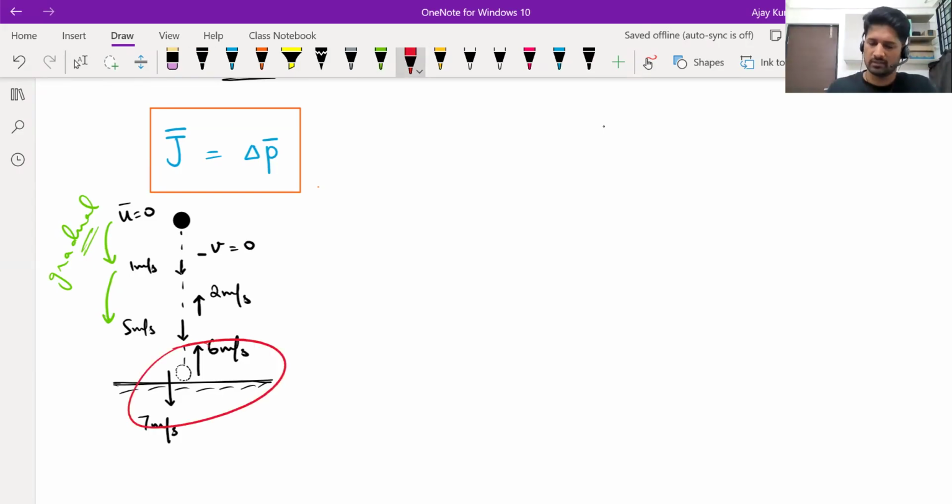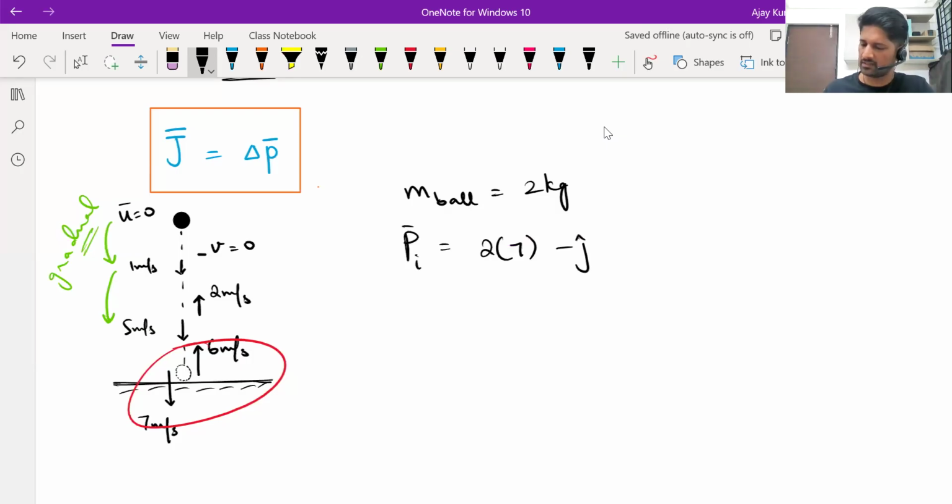Fine. You look at this. Just before collision, let's say the mass of the ball is 2 kg, very heavy. Momentum just before collision, let's call it initial momentum, is 2 into 7 in the minus j cap direction. Momentum just after collision, let's call it final momentum, is 2 into plus 6 j cap.